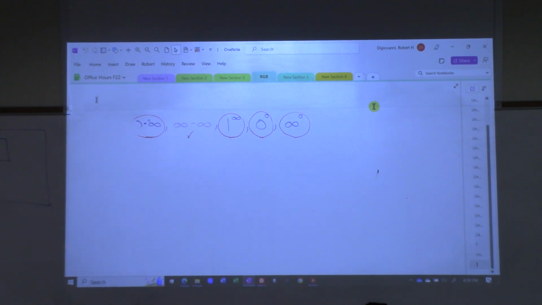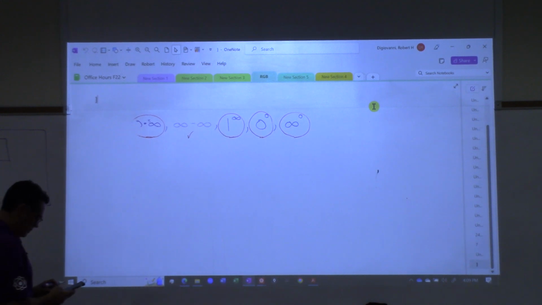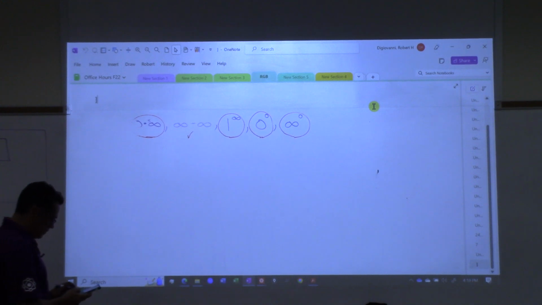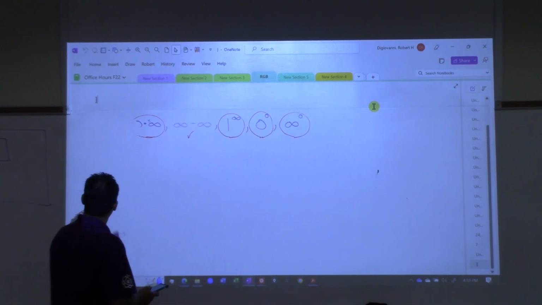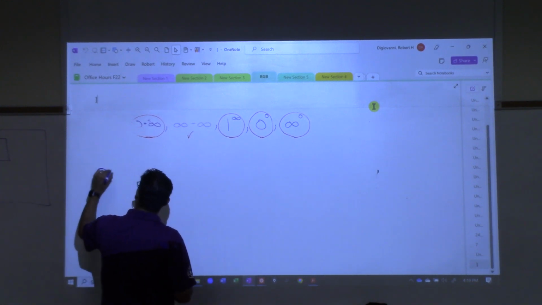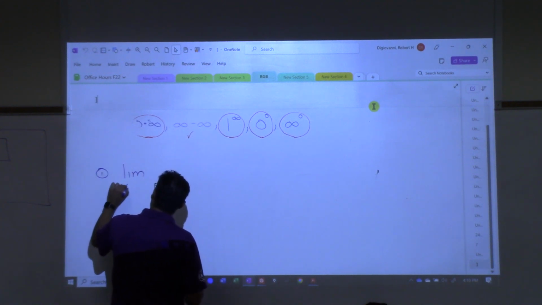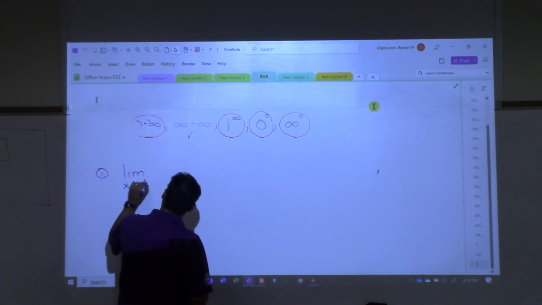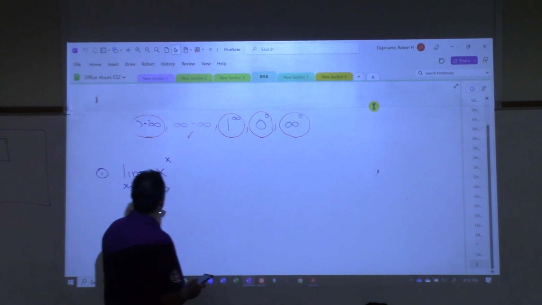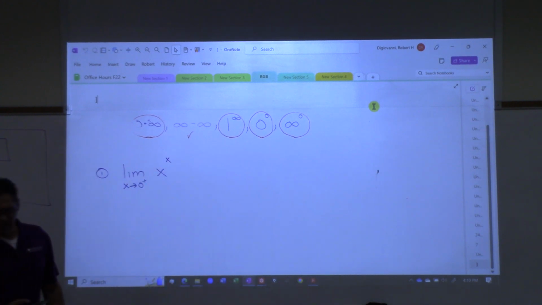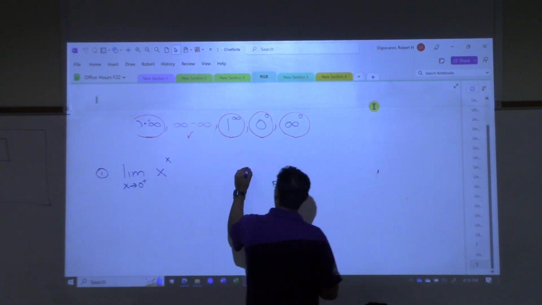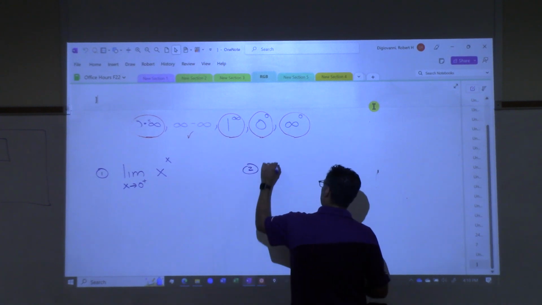First one's going to be pretty straightforward. Here's the first one. Do the limit as x approaches 0 from the right of x to the x. That's like when you're first learning it, that's a pretty basic one.